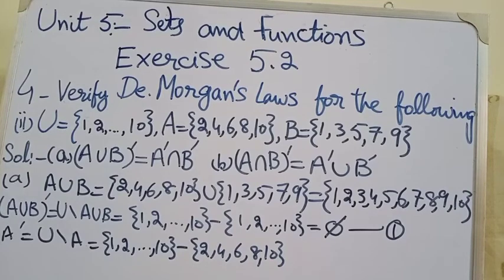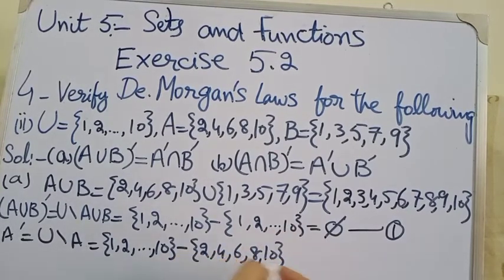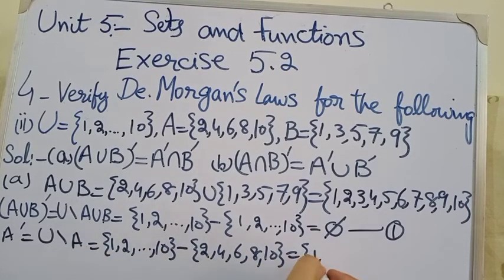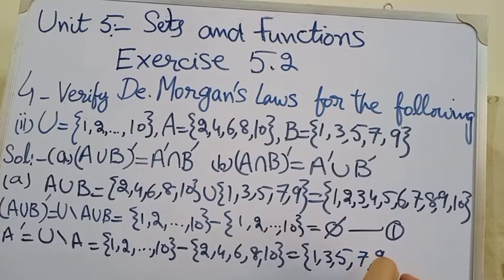So the other elements of the universal set are contained in A complement. 2, 4, 6, 8, 10 are excluded, and we have 1, 3, 5, 7, 9.